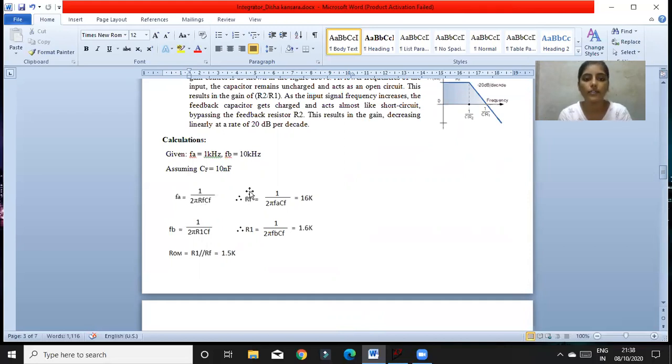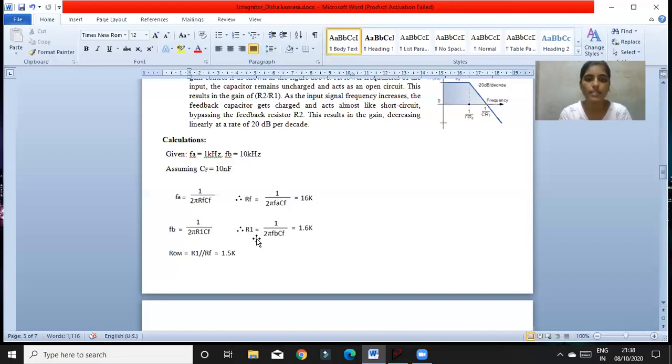Therefore Rf is 1 by 2 pi fa into Cf, which is 16 kilo ohms.